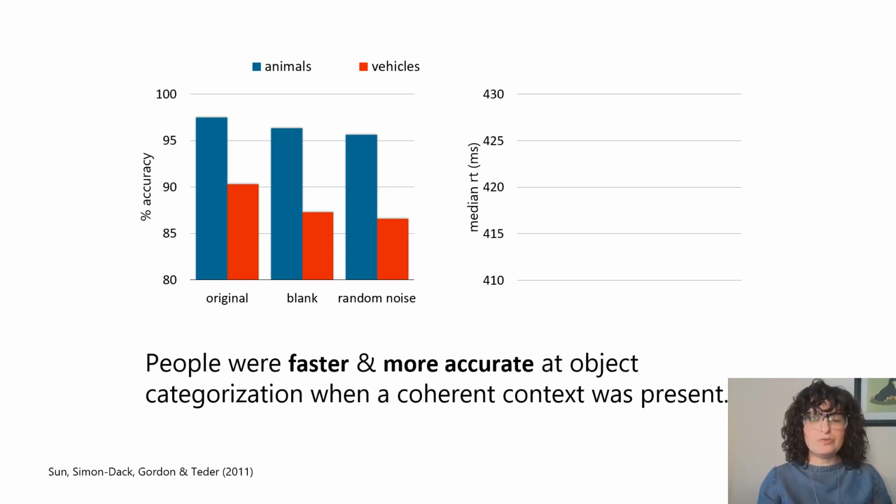So Sun et al. found that people were both faster and more accurate at object categorization when a coherent context was present. We're looking at the accuracy, but what I want you to do is draw out the graph for what you would expect for reaction time. This is something that you'll get to encounter in the module, but I want you to try to work it out now, and then you'll have a solid answer that you're going to go with when you get to that activity.